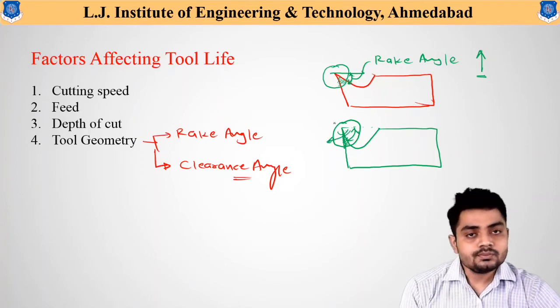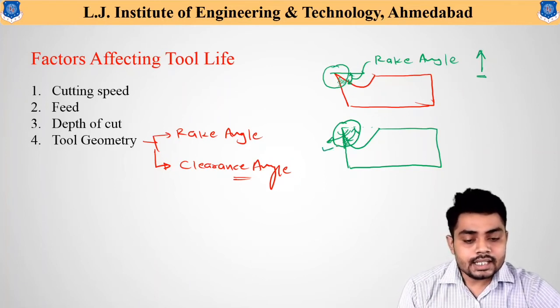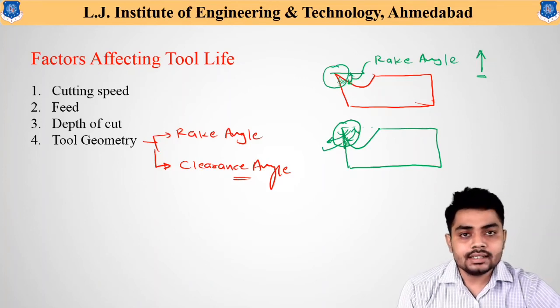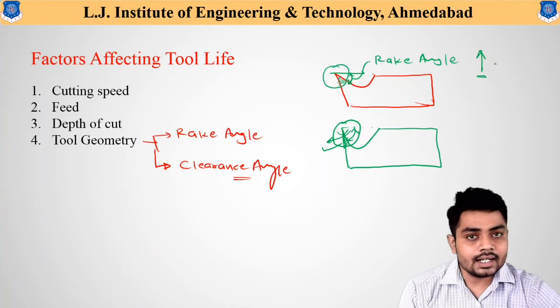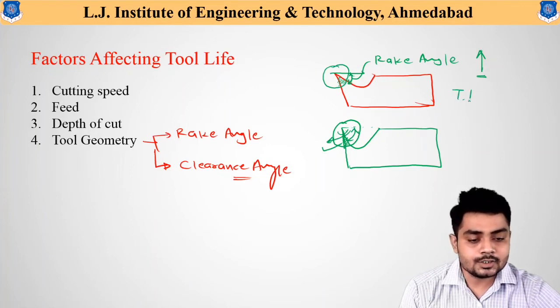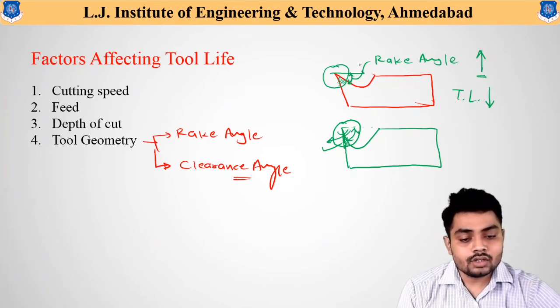So with an increase in rake angle, the tip of the tool may get blunt easily. In other words, if rake angle increases, tool life decreases.